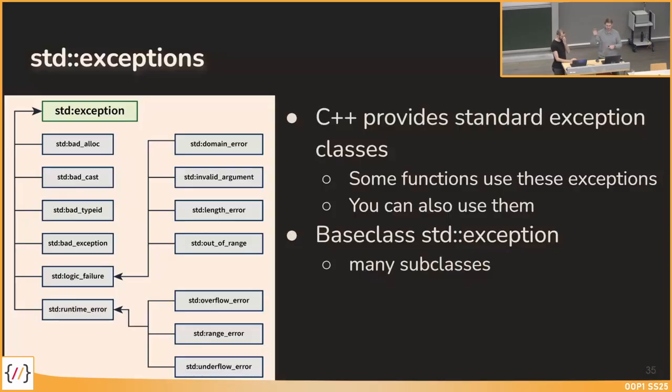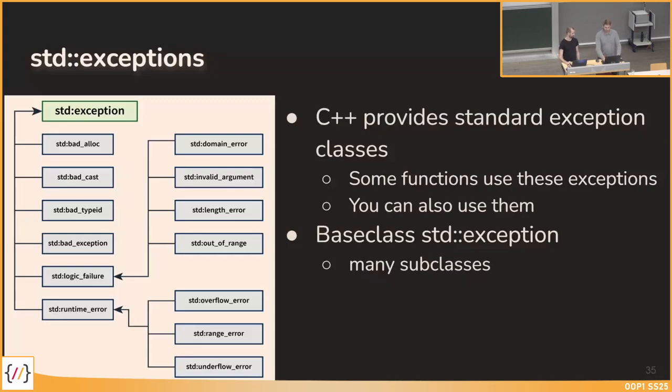We have one base class, called std::exception, and then we have a lot of derived exceptions based on the exception class. We can all use them, and we can just catch them whenever we want.